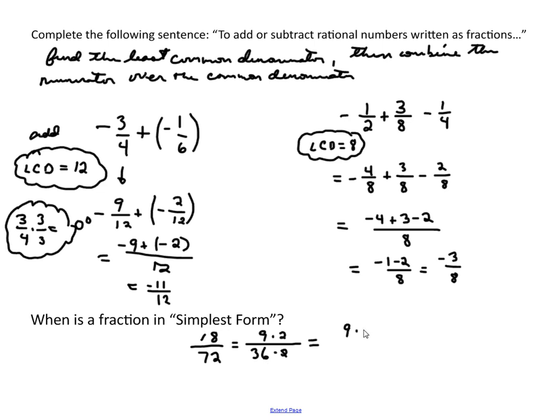It's like saying 9 times 2 divided by 9 times 4 times 2. And we can cancel any of the common factors in the numerator and denominator of this fraction. So this 9 will divide out. 9 divided by 9 is 1. 2 divided by 4 is 1. And so our result is going to be the same thing as saying 1/4. This is our simplest form of the fraction.